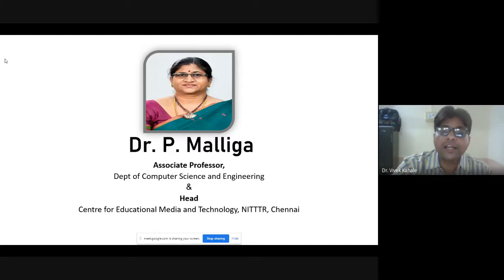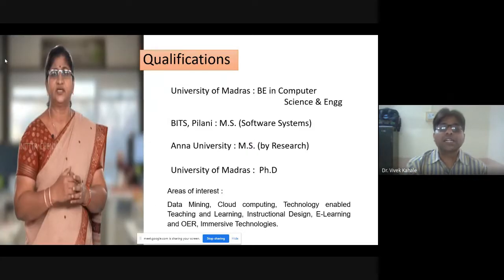Now towards the introduction, madam's qualification. She has completed BE in Computer Science and Engineering at University of Madras. Then at BITS Pilani, she completed MS in Software Systems. After that, at Anna University, she completed MS by Research.